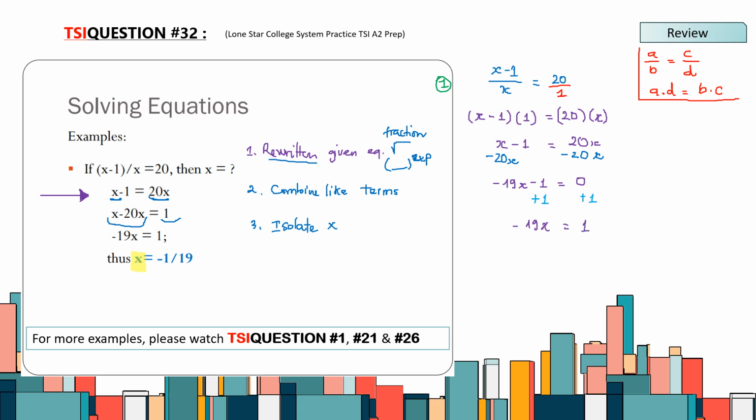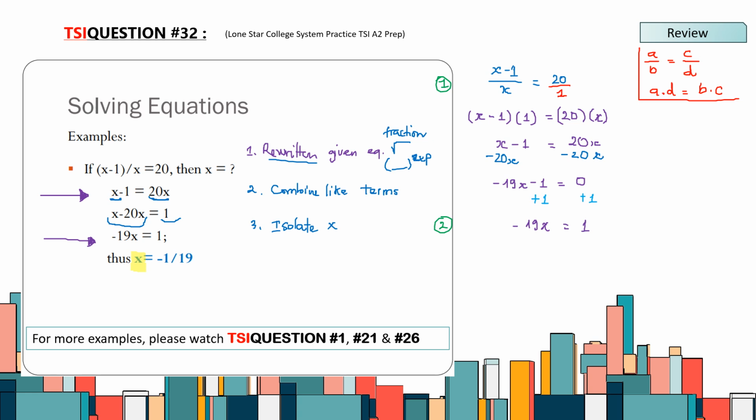And we got this step right here. This is the complete combine like terms step. So we have x terms on the left hand side, and then we have numbers on the right hand side.